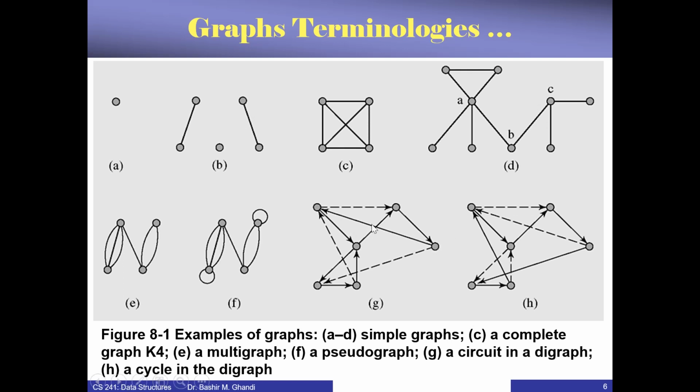So this particular edge is from this vertex to this one, and not the reverse. Whereas here, the edge is considered to be from both this to that, or from that to this. Okay, this is the difference between directed and undirected graph. I will talk about these other examples in the next slide.